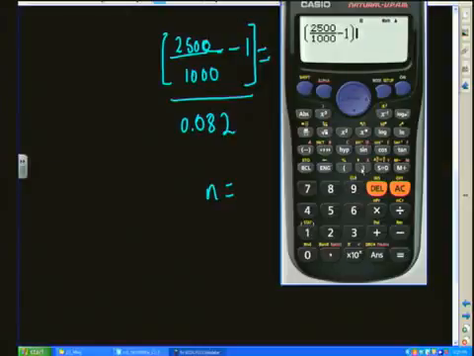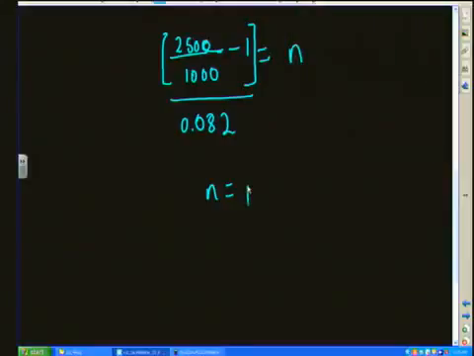Close that bracket, and then the whole thing is divided by 0.082. As you can see, we're doing everything on the calculator. We're not rounding off at any stage, and therefore we get an answer of 18.29 years.